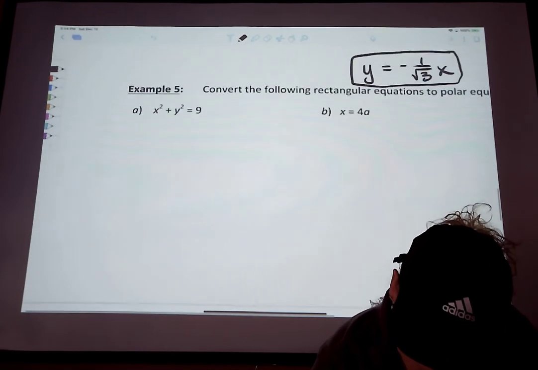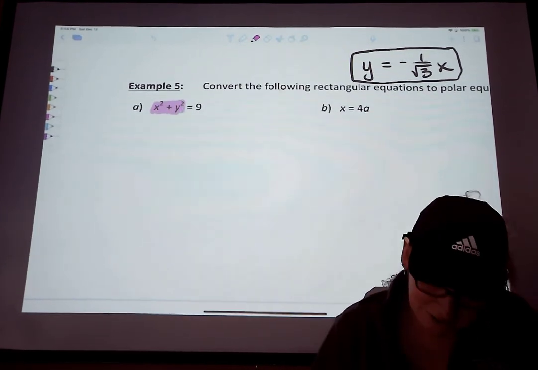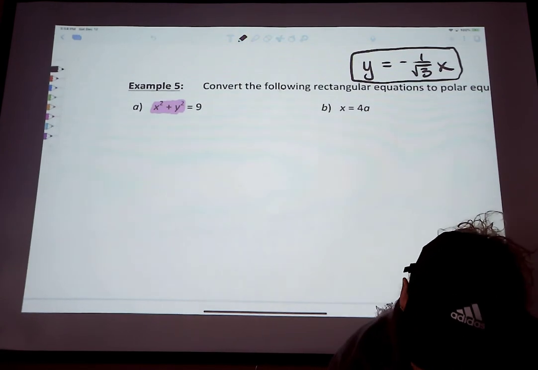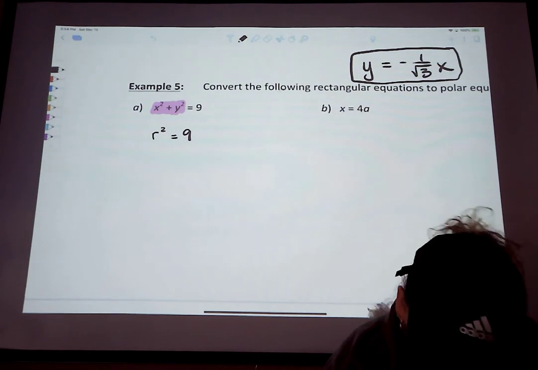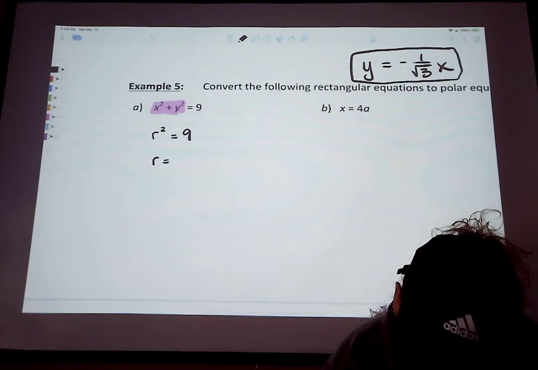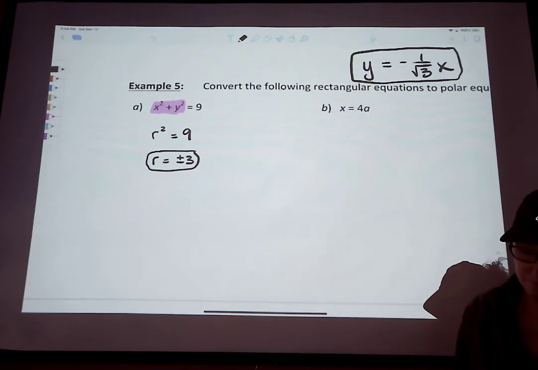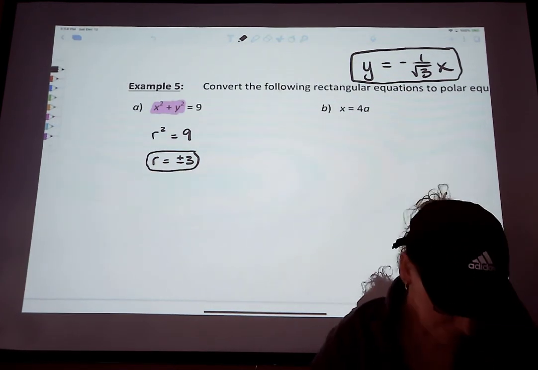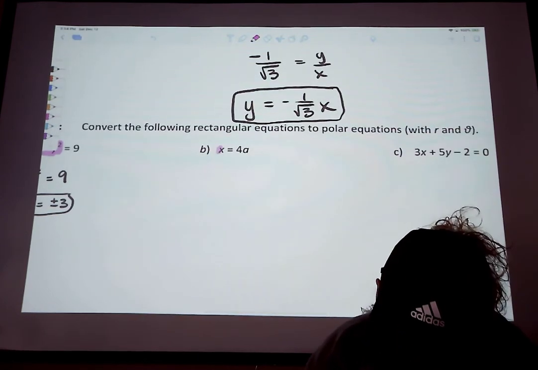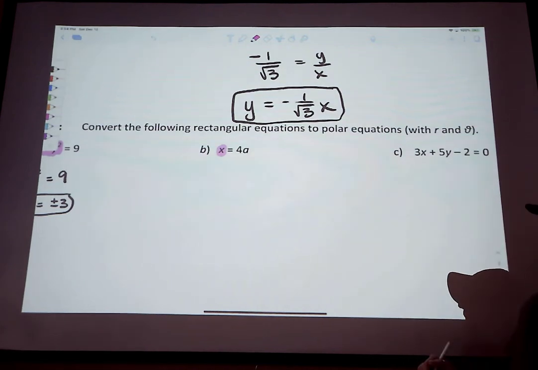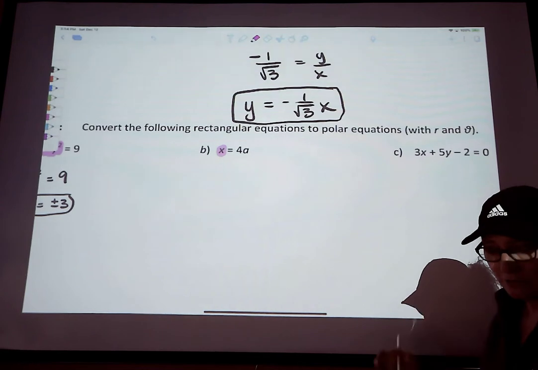Okay, and then let's go the other way. This one is the direct opposite of what we just did. There's a direct relationship between x squared and y squared. It would be either way. This one's weird because it has an additional constant in it, but we can take an equation that has an x in it, get the x out of there, and get it into r and theta form.